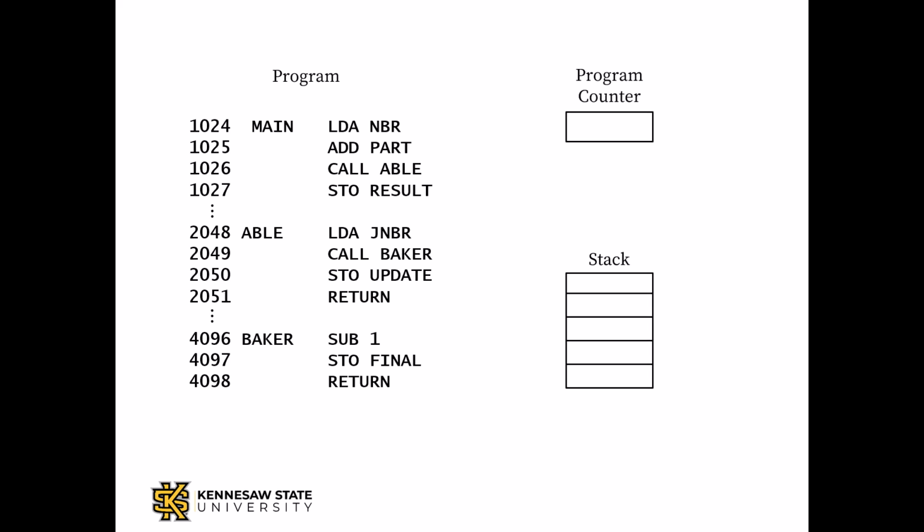We need to be able to watch the program counter and also the stack as we go through the animation. The main program calls subroutine Able at location 1026. The program counter holds the address of the next instruction, so it contains 1027. The program counter value is pushed onto the stack. The address of Able, 2048, is loaded into the program counter, and on the next instruction cycle, Able begins running.